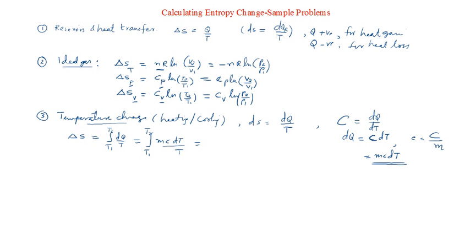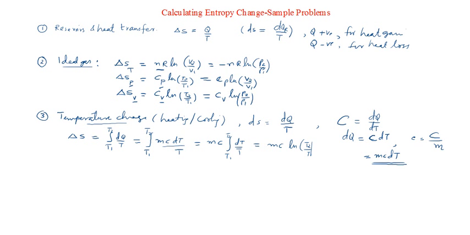So it will be simply mc times the integral from T1 to T2 of dT by T, and you know what the answer will be. It will be equal to simply mc log T2, where T2 is the final temperature, divided by T1, and this will be one equation that would be handy for us in all these problems.